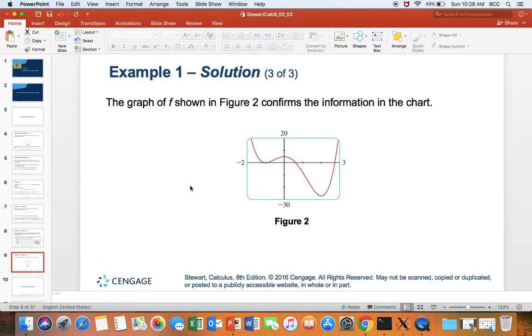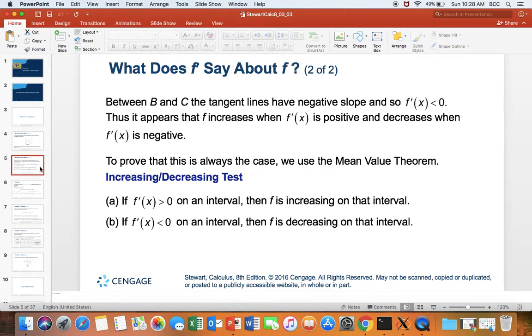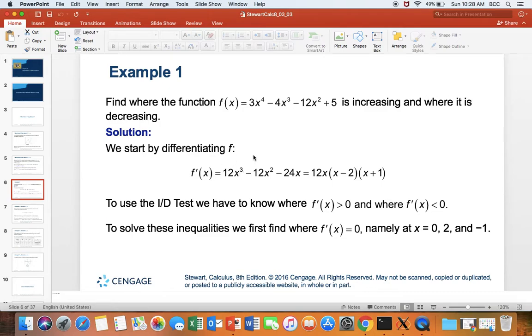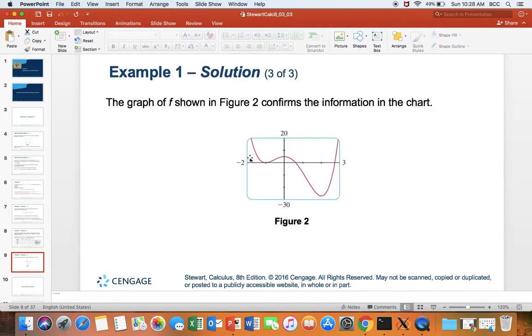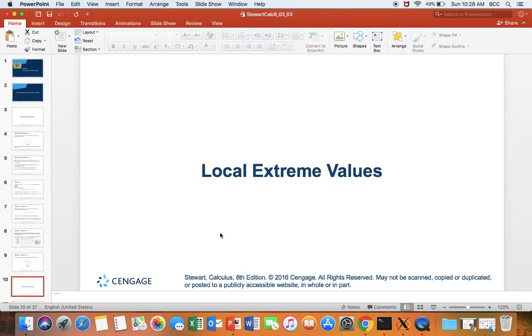Draw your example using any gadgets you like, and you will notice decreasing, increasing, decreasing, increasing. Local extreme values will be in our next video. Until then.